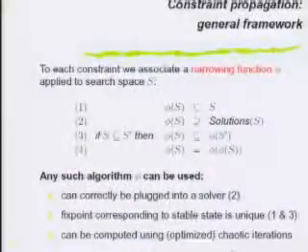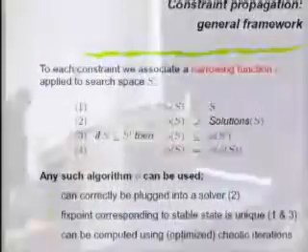This is what propagation does. So a propagation algorithm is basically a function which takes a search space and gives a search space which is smaller. And if we want to characterize these things algebraically, the important properties are the following. You have to have a search space which is smaller or equal to the original one. You have to preserve all the solutions of the search space, of course.